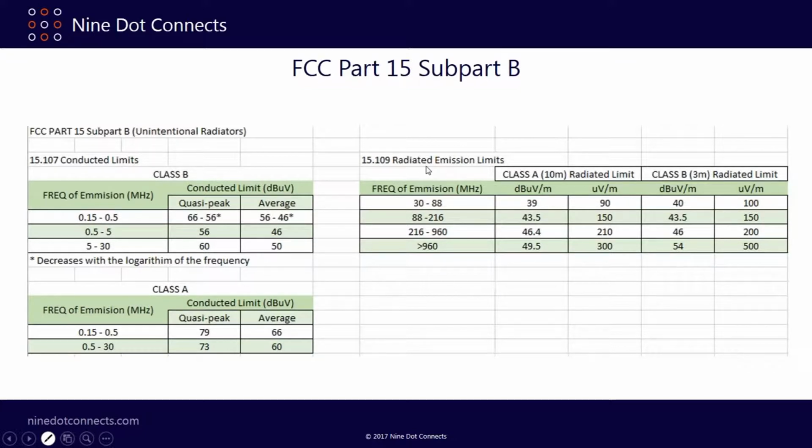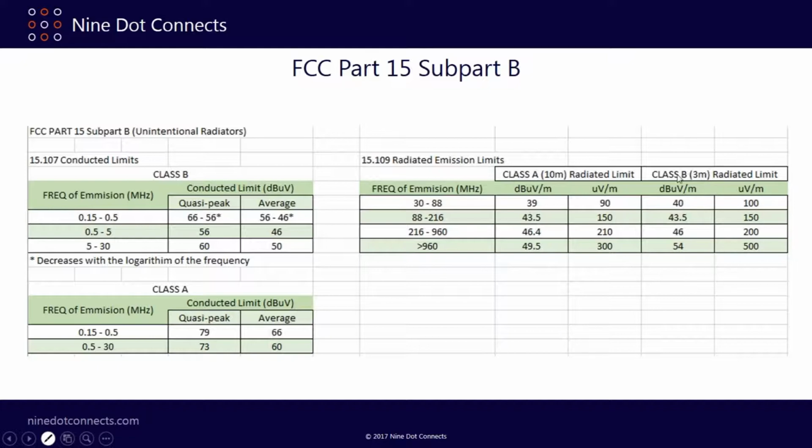Section 109 talks about the radiated emissions. Notice it starts at 30 megahertz and goes all the way up in steps to 960 and above. The one thing I want you to notice here is that Class A devices are tested at 10 meters, whereas Class B are tested at 3 meters.